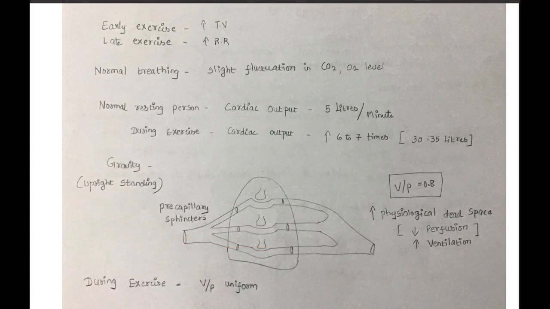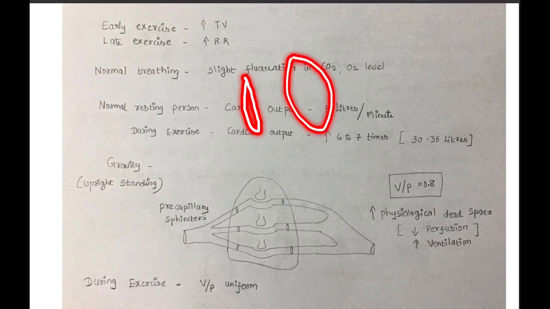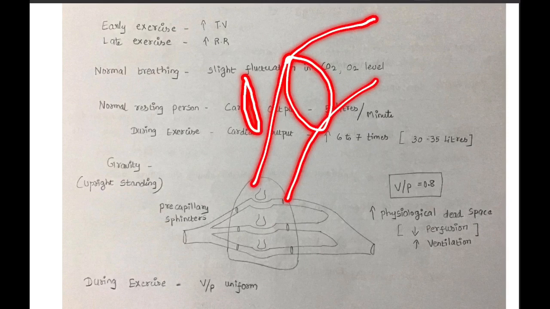And also when 30 to 35 liters of blood is flowing through the pulmonary capillaries, the narrowly opened, that is slightly closed, precapillary sphincters will open broadly, so that these 30 to 35 liters can pass through easily.